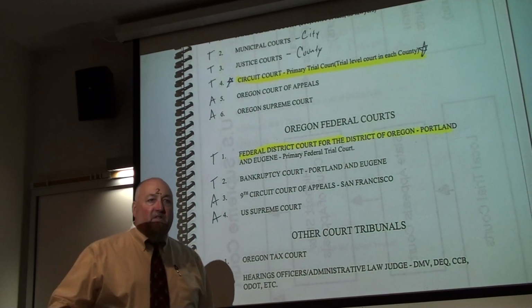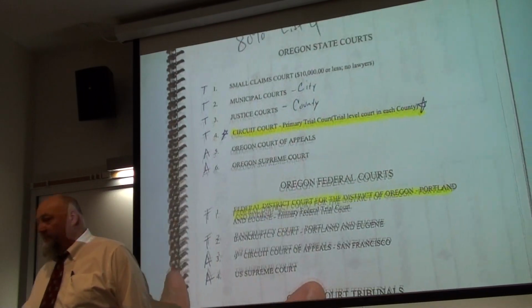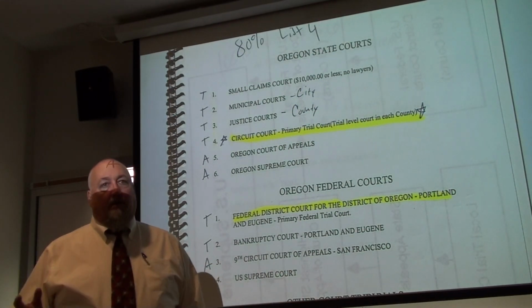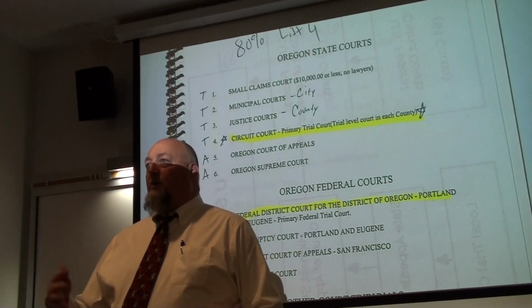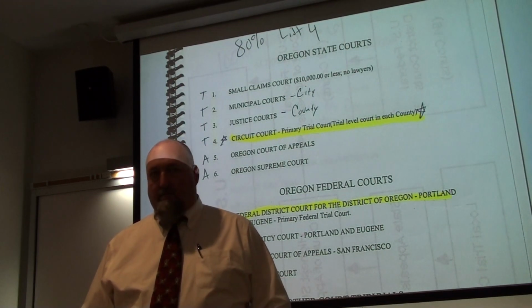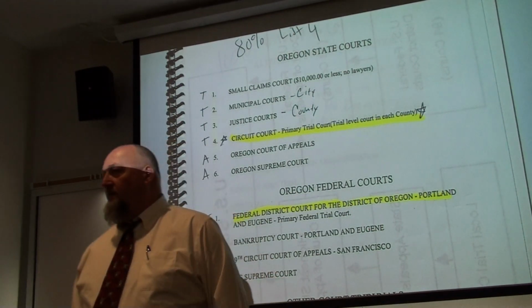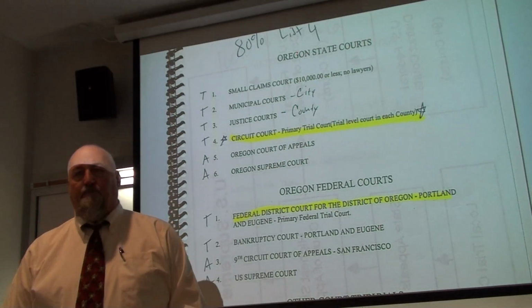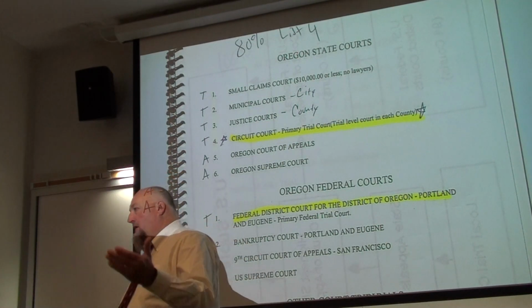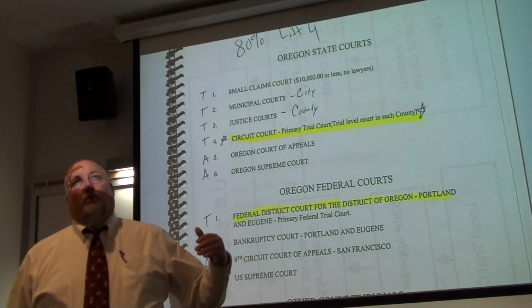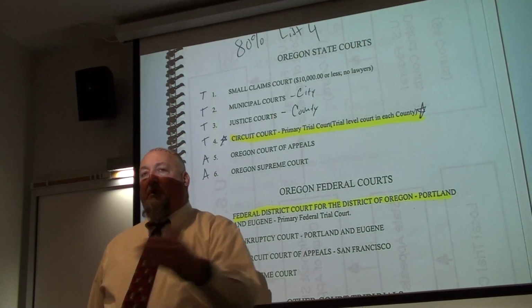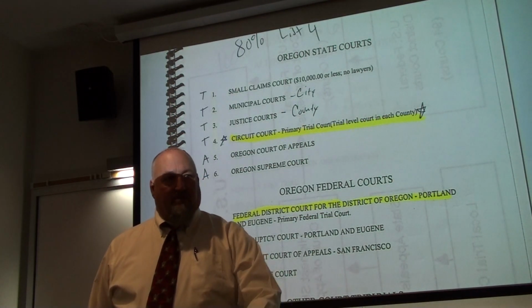All right, now on this page, number 1, in terms of the midterm, fill in the blank question: What are 4 courts involving the state of Oregon? And then just pick 4 of any one of these on the page, okay? Another type of question would be, what is the name of the primary trial court in the federal court system?